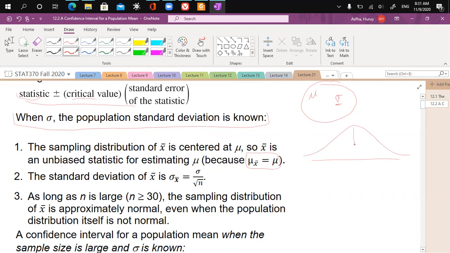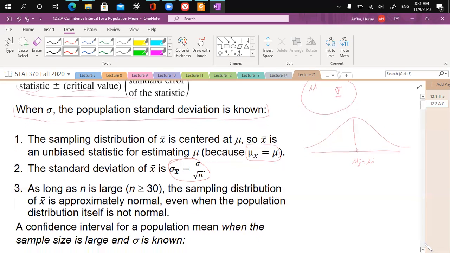And so the distribution or the curve is centered at mu x bar, which is just mu. And the standard deviation of x bar is given by this one, because now we know sigma. So the standard deviation of x bars will be given by the population sigma divided by root n.